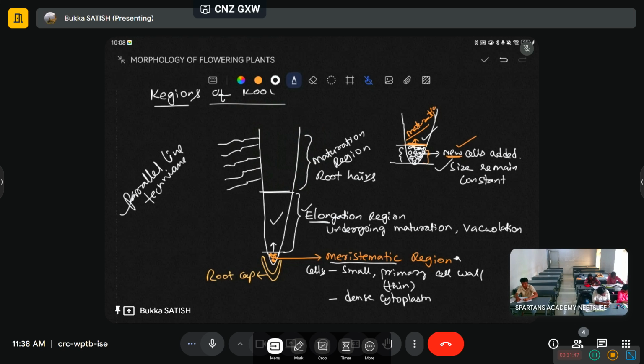Keep in mind. Right. So this is about regions of root.